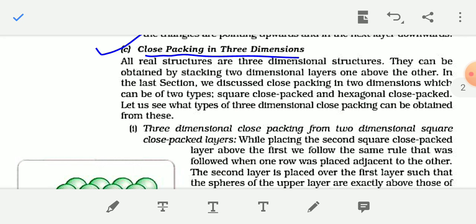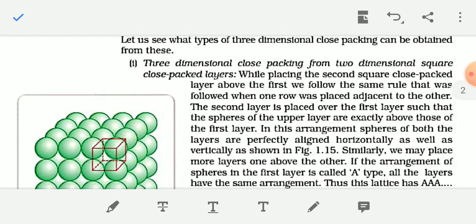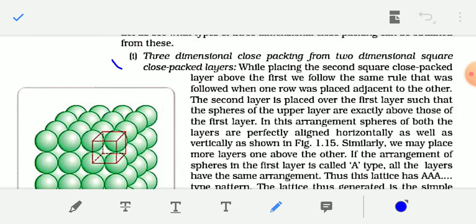In the last section, we have discussed close packing in two dimension, which can be of two types: square close packing and hexagonal close packing. Now see three-dimensional close packing. I have told that three-dimensional close packing can be obtained from two-dimensional close packing.